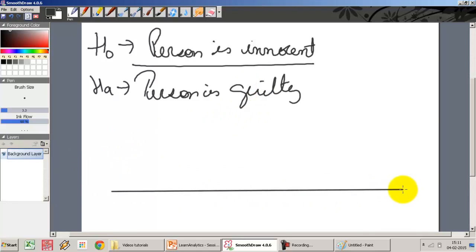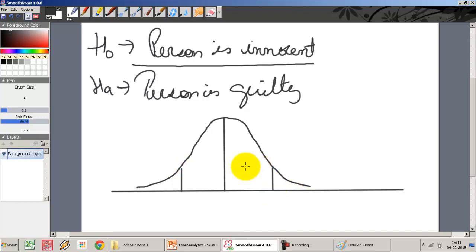So let's start off with the distribution again. We have the distribution here, and we have the null hypothesis, the H naught, that the person is innocent, and we have the acceptance region here, and we have the rejection region here.